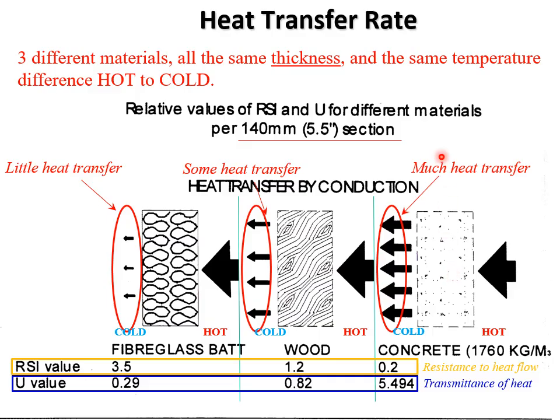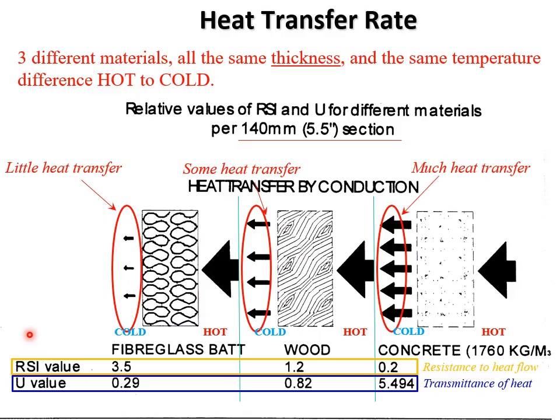As you guessed, there's a lot more heat transfer through the concrete compared to the wood, and a lot more through the wood compared to the fiberglass. The biggest difference is between these two. We have two things. One is the RSI value, which is sometimes also called the R value. It depends on the system, and I'll explain that a bit more.